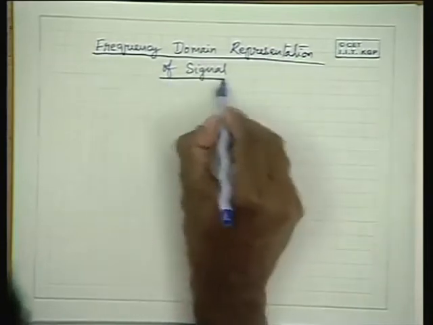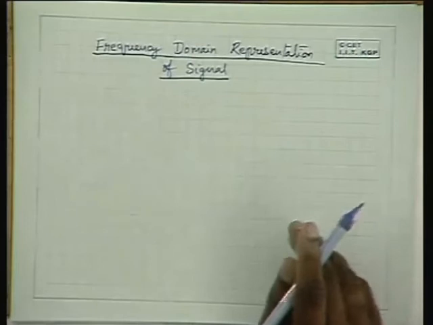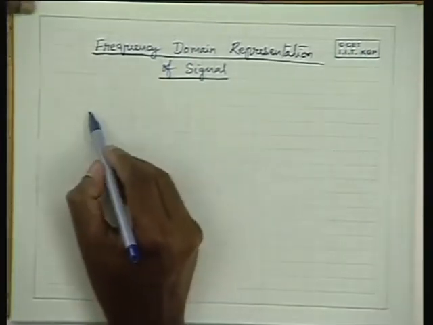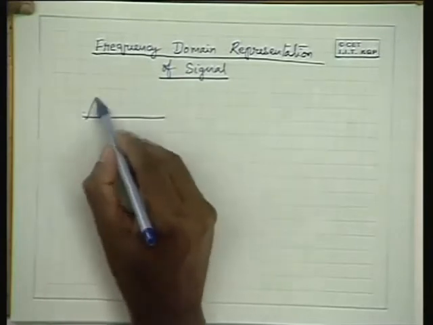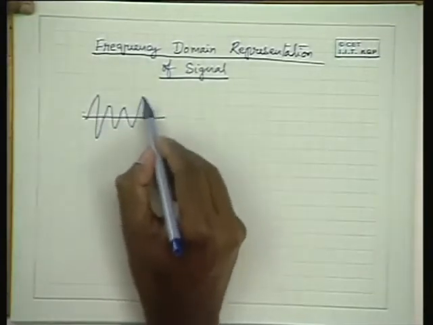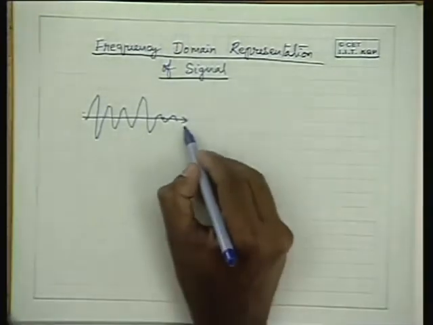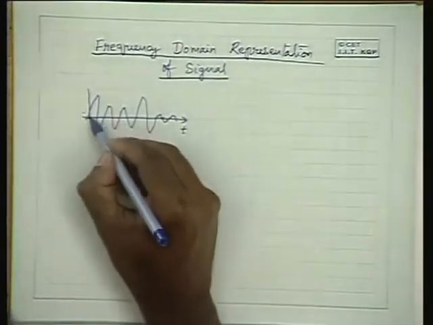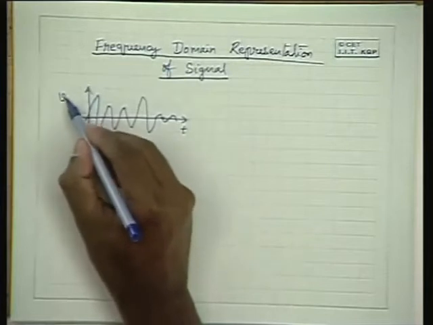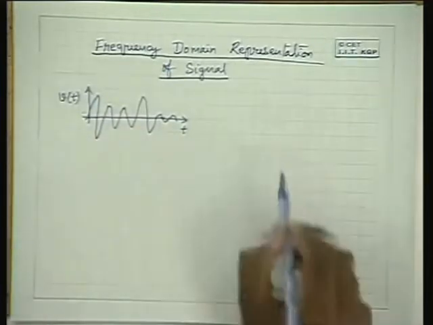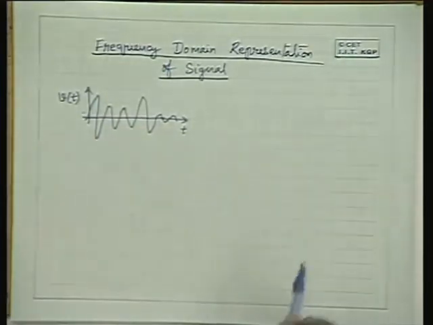Usually, we represent the frequency domain representation as the spectrum of a given signal. As I explained earlier, a signal can be a time function. Once it is electrical, it is either a voltage signal or a current signal of this type.